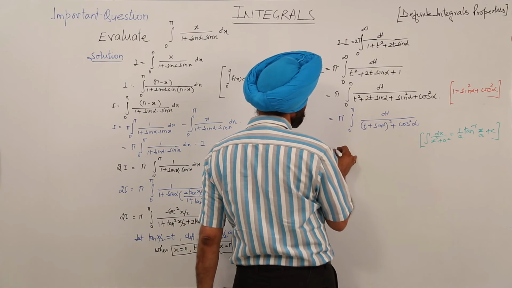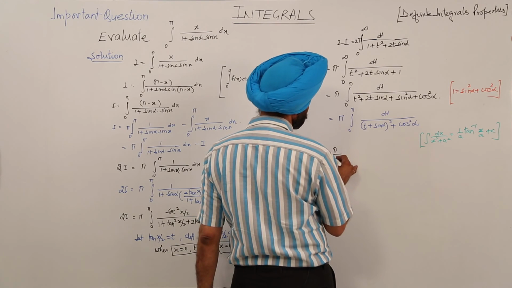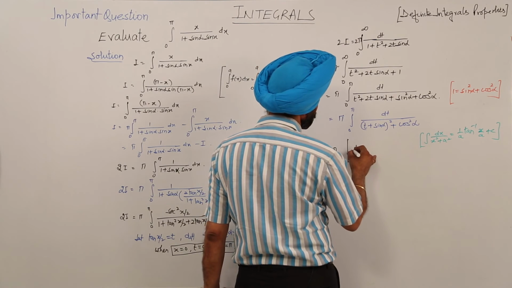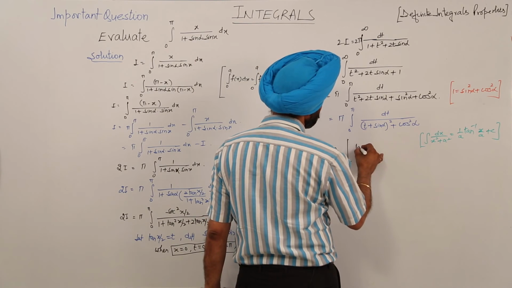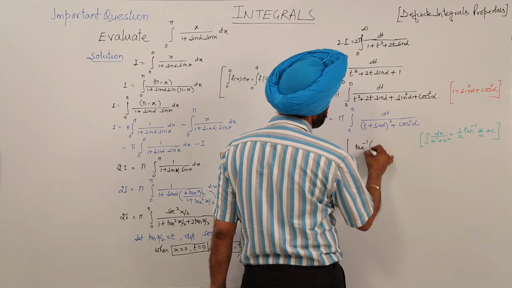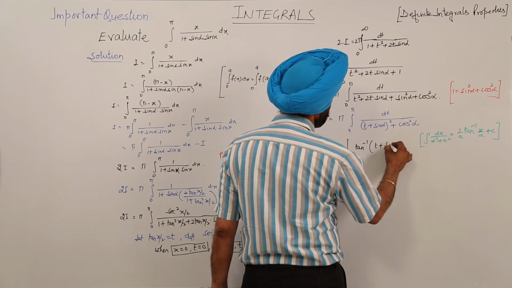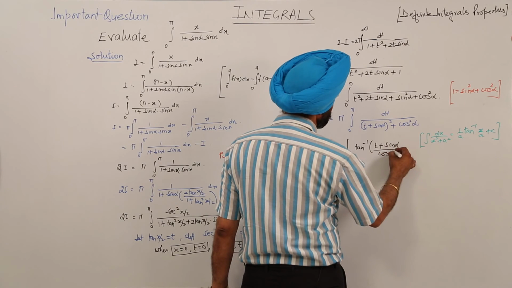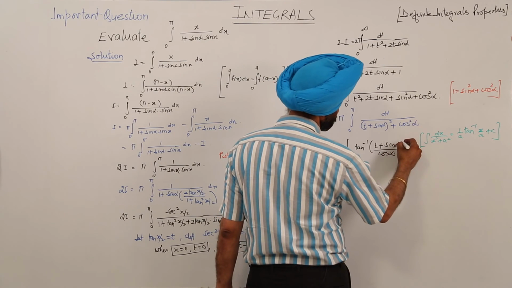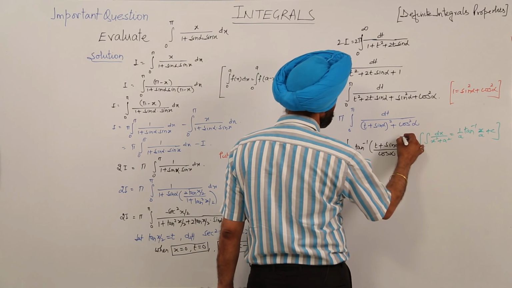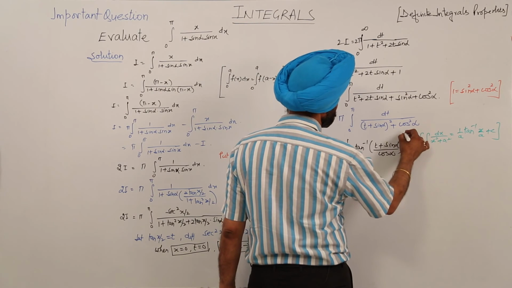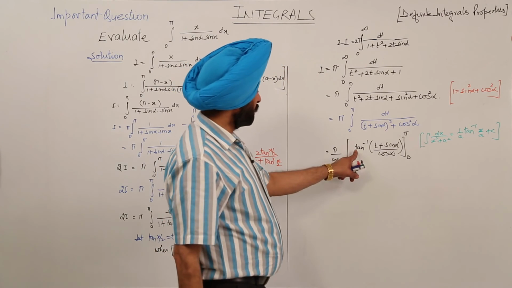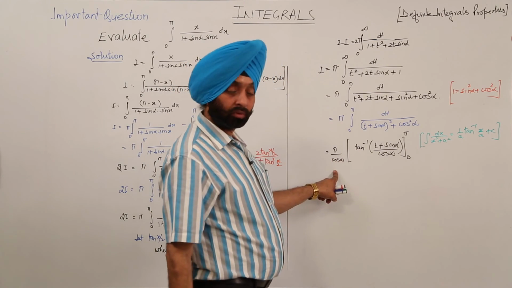Now this is equal to pi upon cos alpha tan inverse((t plus sin alpha) upon cos alpha), from 0 to infinity. Okay, 1 upon a, that is 1 upon cos alpha.